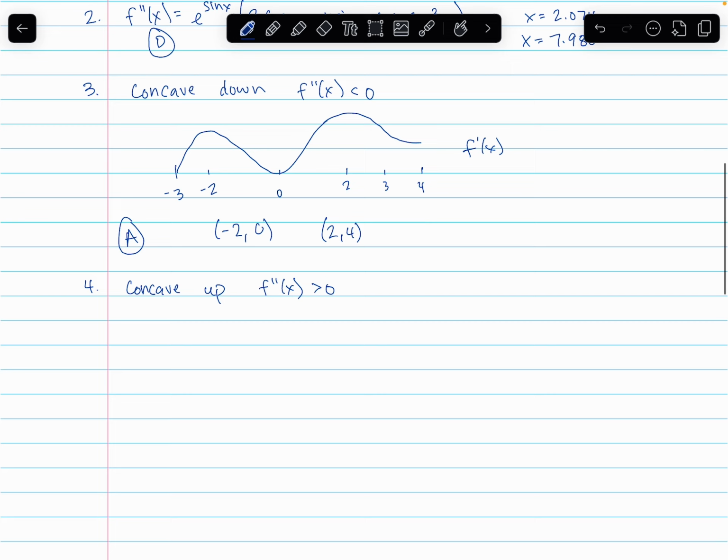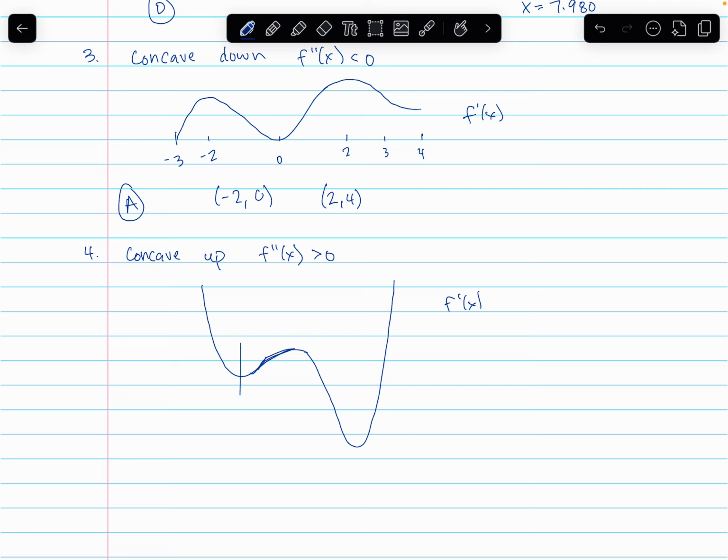If we're looking at the graph, I'll try my best to draw what it kind of looks like. It goes up, and it kind of goes more like this right here. Then it goes back up. So this is the graph of f prime of x. This value right here is at -1, this right here is 0, and then I think here it's like at 2.